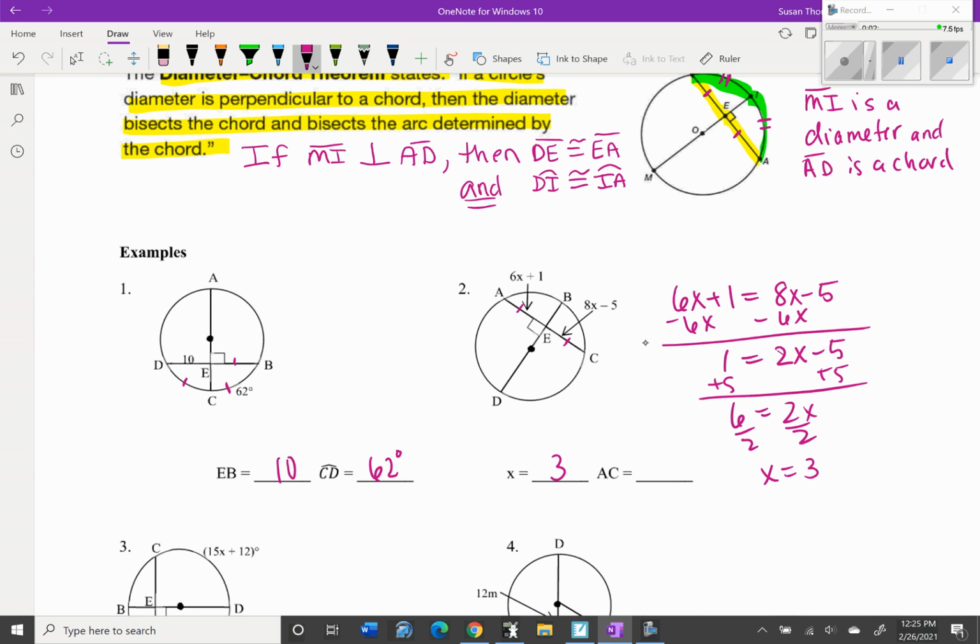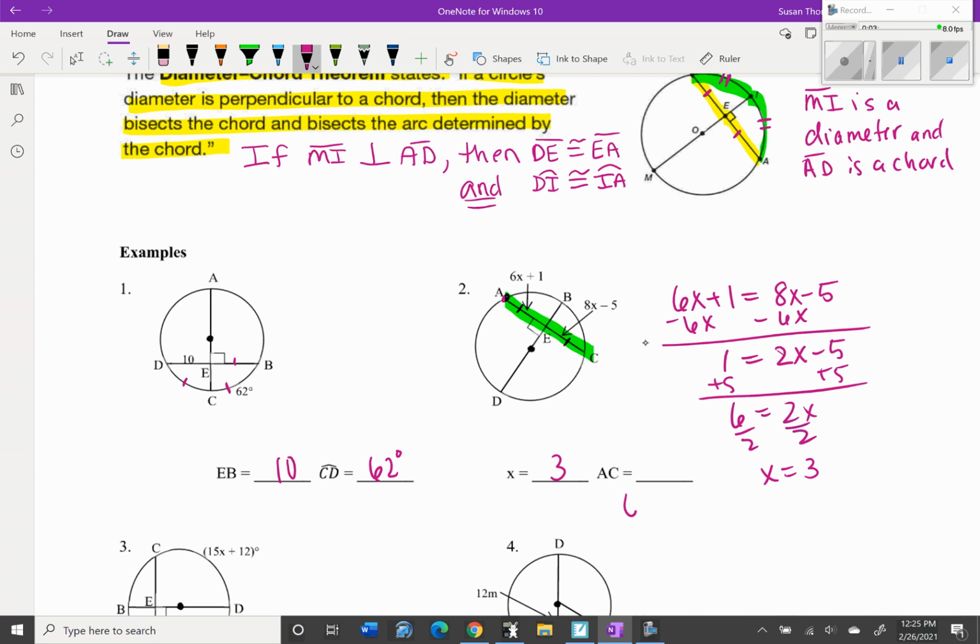So the next thing we want to solve for is AC. Notice the measure from here all the way to here, so we're looking at that entire length of the chord. If I figure out what AE or EC is equal to, then I can multiply it by 2.